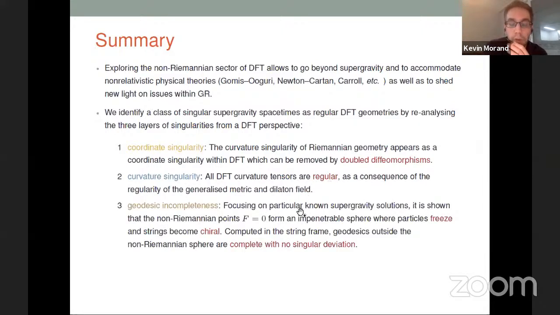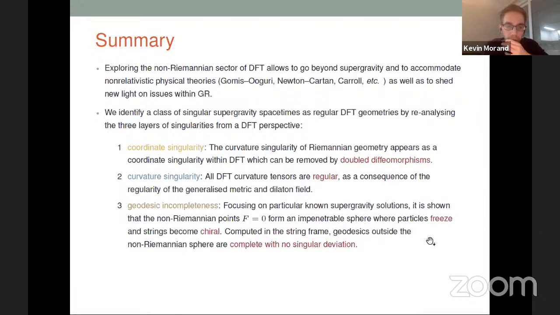Also, by focusing on some particular known supergravity solutions, we show that the non-Riemannian points f equals 0 form some impenetrable sphere where particles freeze and strings become chiral. So we see this feature of non-Riemannian geometries appearing within this Riemannian context. Computing in the string frame, the geodesics outside this non-Riemannian sphere are complete, and there is no singular deviation.